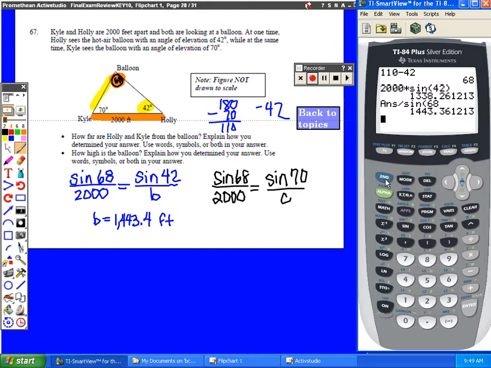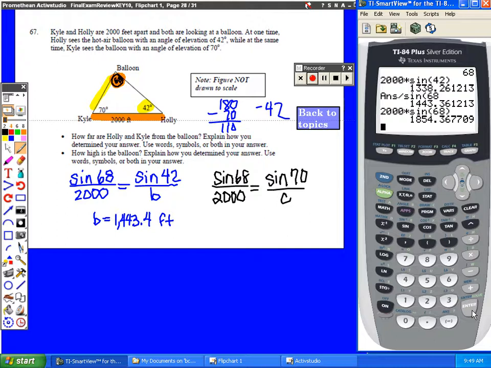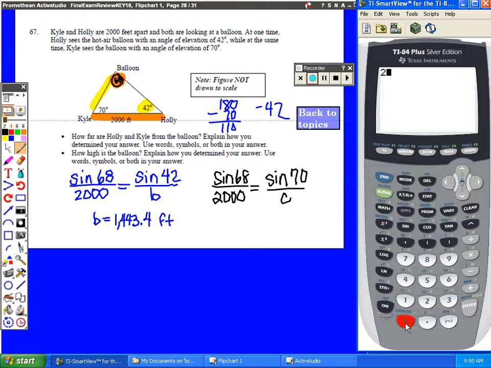Okay, typing this in again, or cheating. 2000 times the sine of 68. Oops. And that will be divided by, oh damn, I messed up. 2000 times the sine of 70.